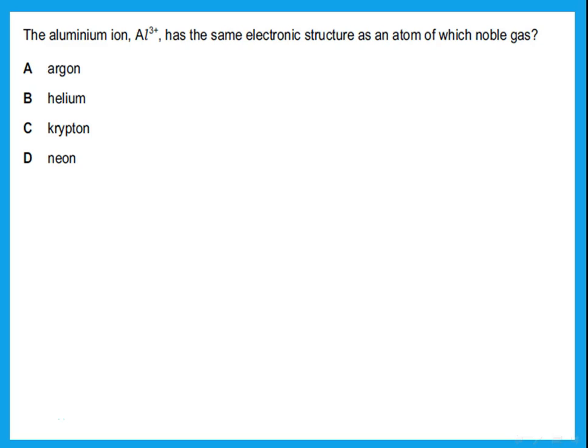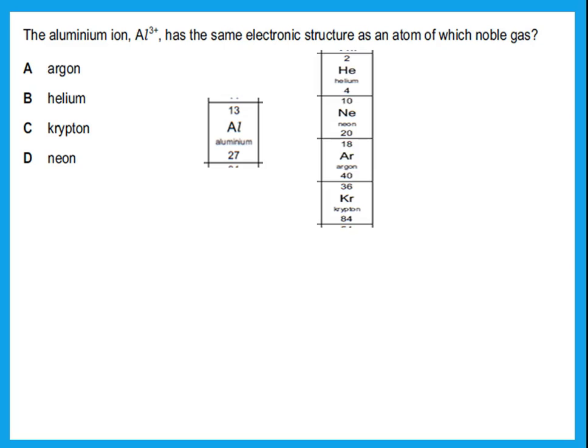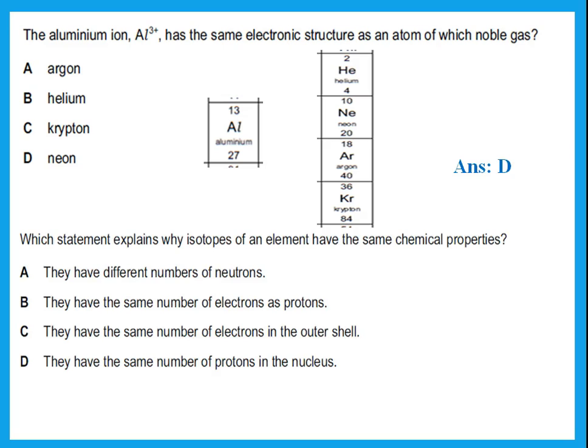So when you look at the periodic table, the noble gas that has this electronic structure is just the noble gas right before aluminium. So if you look at the periodic table, it is neon, okay? So neon has 10 electrons, aluminium is 13, but it has lost 3. Okay?